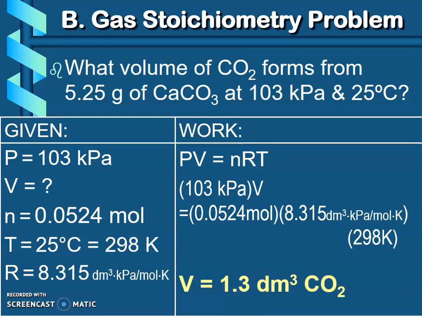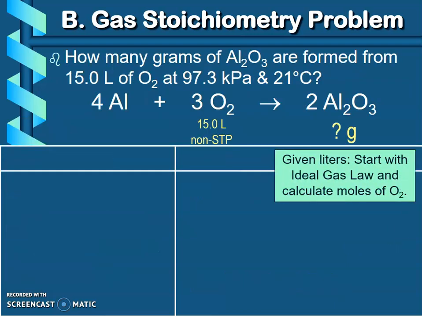All right, now let's do a problem where we work in the other direction. How many grams of aluminum 3 oxide are formed from 15 liters of oxygen at 97.3 kilopascals and 21 degrees Celsius? Okay, so this time I am given a volume, I'm given liters, I'm asked to do grams.